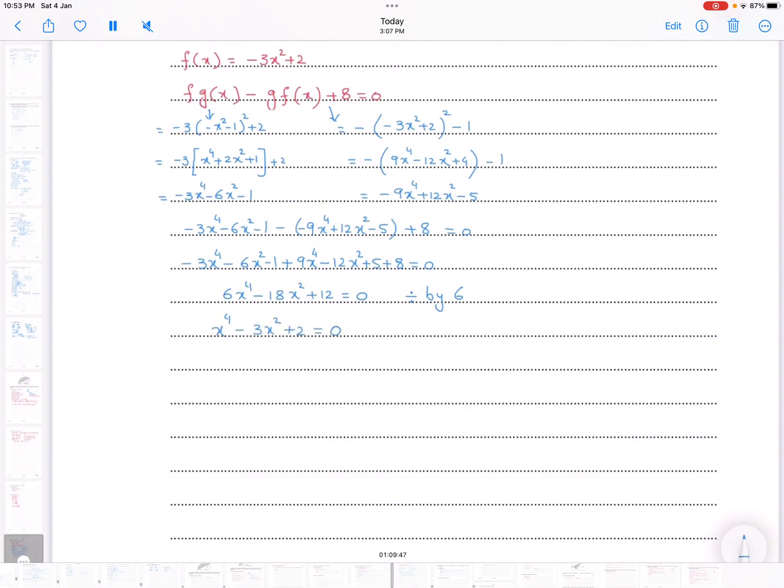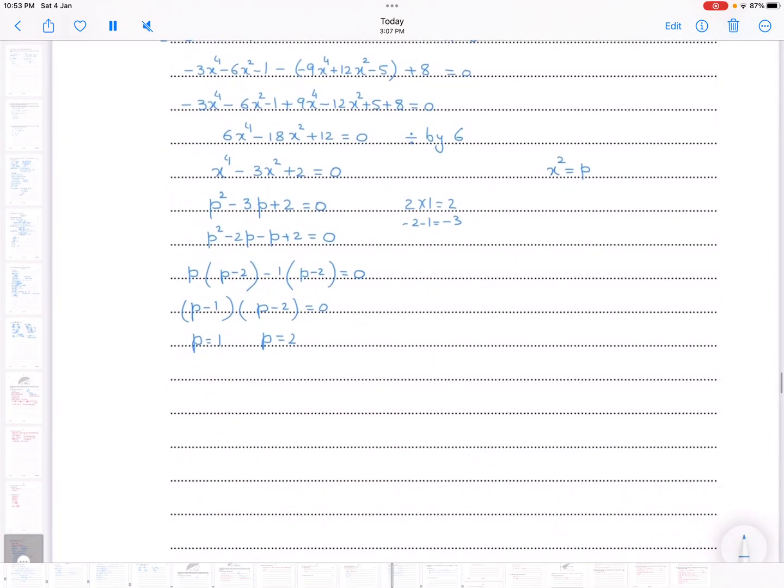It becomes smaller. Now give x squared a name, p. So x to the power 4 becomes p squared, and 3x squared becomes 3p plus 2. Now use mid-term breaking and factorize it. So you got these factors.